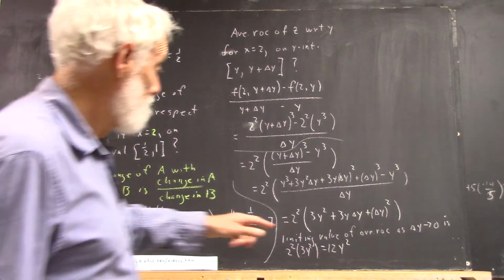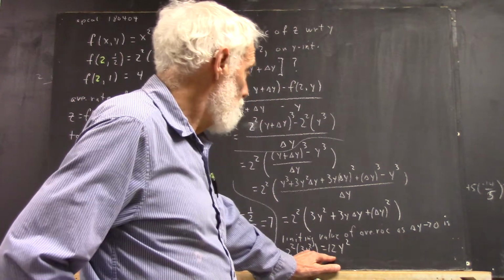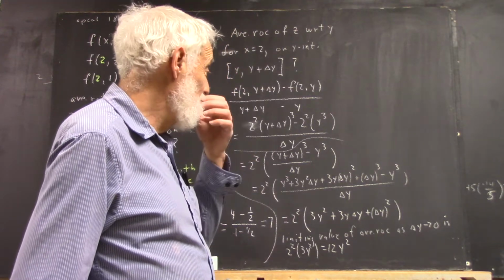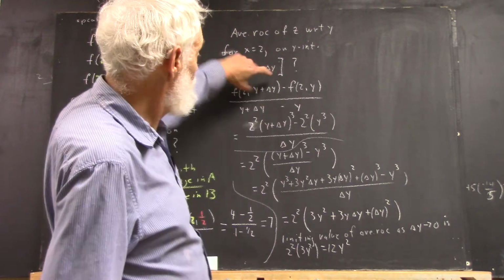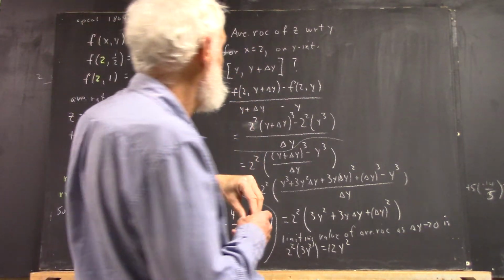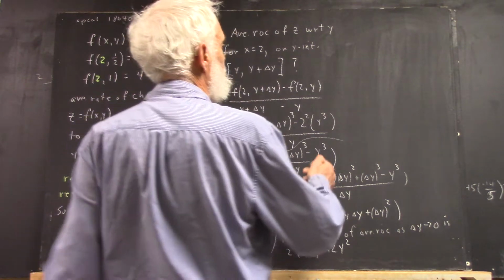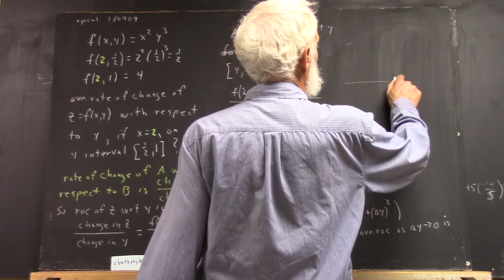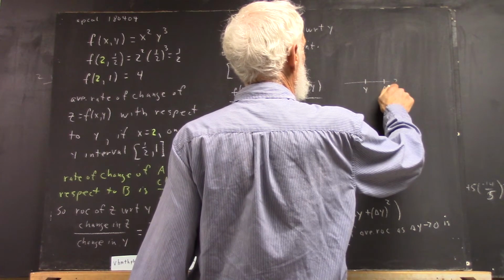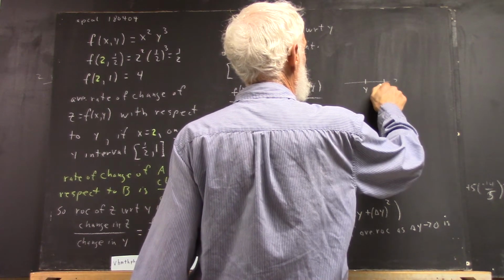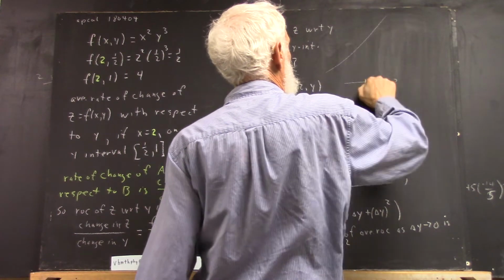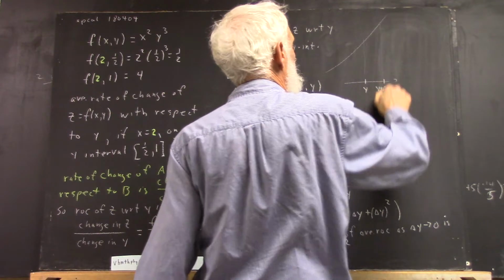Now this is the rate of change. Well, when you take the limit as this approaches 0, then this interval approaches 0, right? So it's like you've got some curve here, and we won't worry about where that curve is just now.